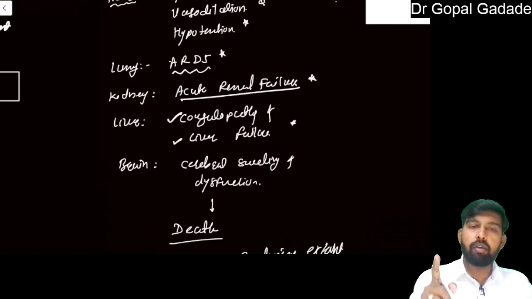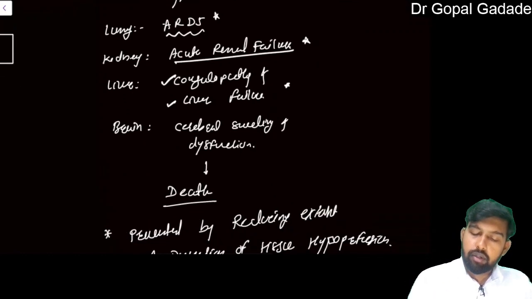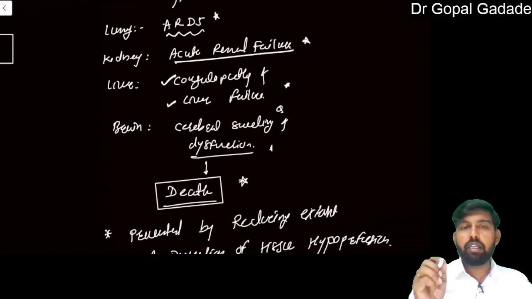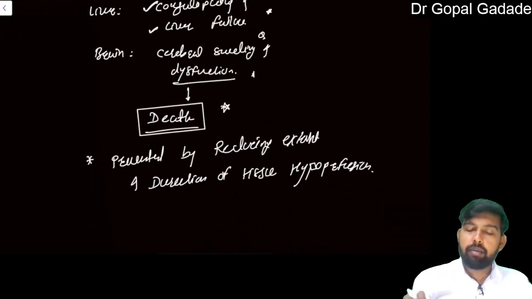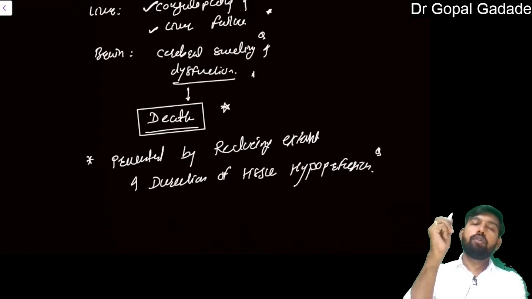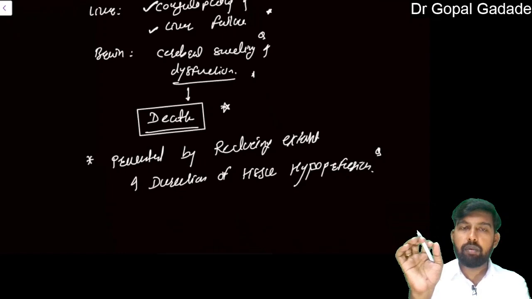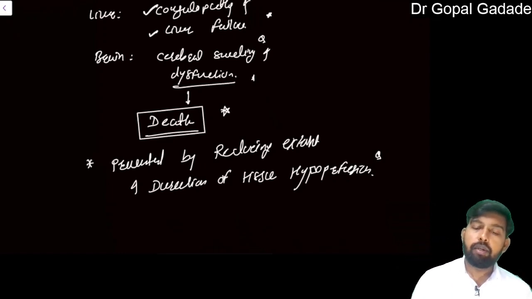These metabolites also damage the brain, which causes cerebral swelling and dysfunction, and ultimately leads to death. So this is the reperfusion injury, and this can be prevented by treating the patient as early as possible, reducing the extent and the duration of the tissue hypoperfusion.